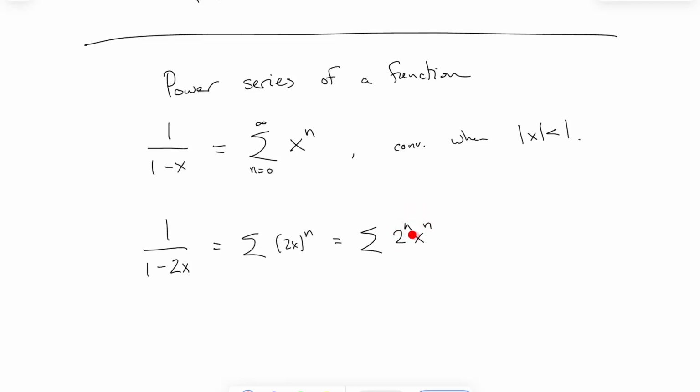They're the same, but I like to see coefficient times x to some power. And this one converges when, again, I just plug in 2x, so the absolute value of 2x is less than 1. You can just divide by 2, and so the interval of convergence would be the interval -1/2 to 1/2. And the radius of convergence is 1/2.